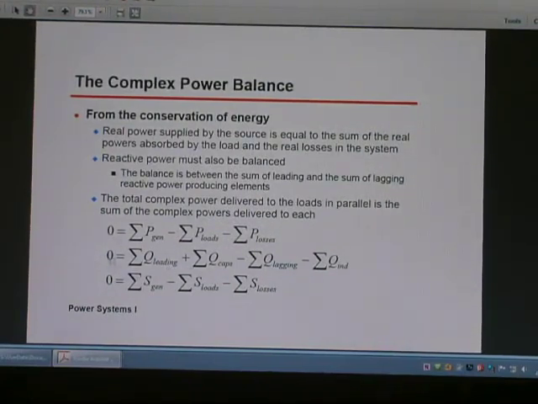And also the summation of the leading reactive power, the capacitors, minus the summation of the lagging reactive power, the inductors, and internal reactive power is also 0. The summation of the total apparent power generated minus the summation of the load apparent power minus the summation of apparent power losses is also 0. These are three easy equations for the complex power balance.